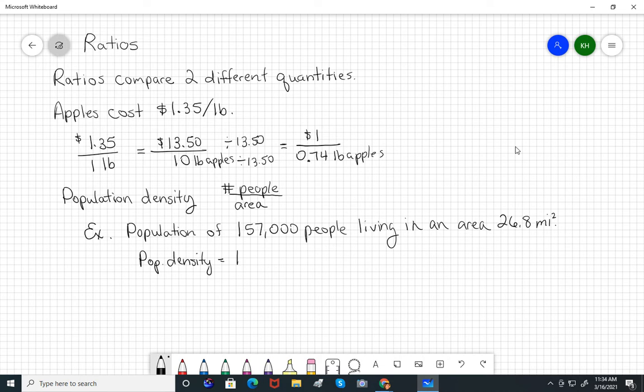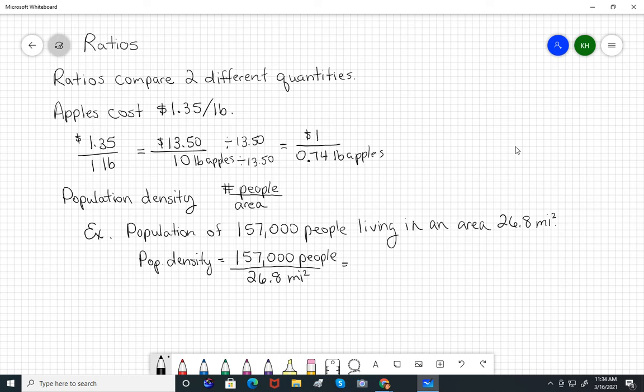that is equal to 157,000 people over 26.8 square miles. Usually we just divide and get that as a number with a decimal, 157,000 divided by 26.8.